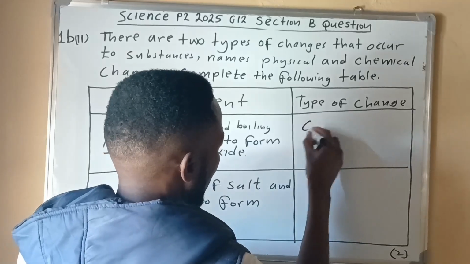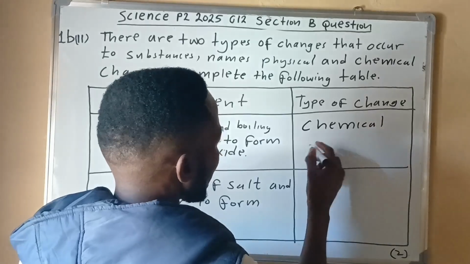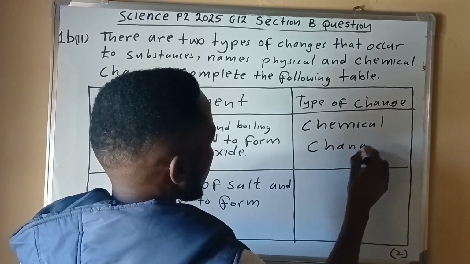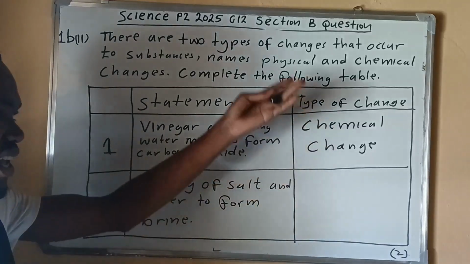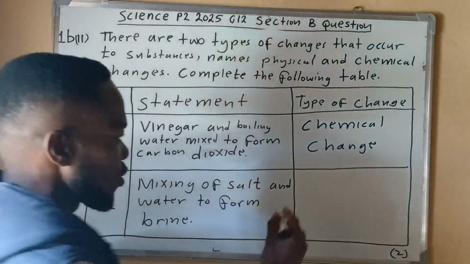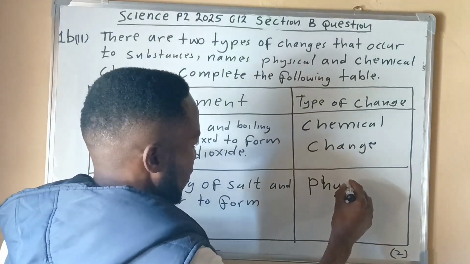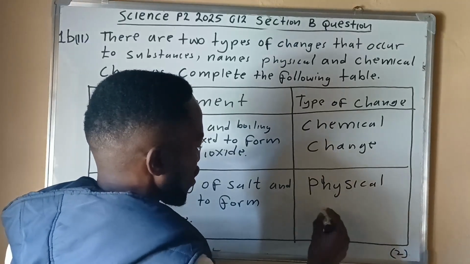You say this is a chemical change because a new substance has been formed. When you say two, that means if this one is a chemical change, this one will be a physical change. You say physical change.